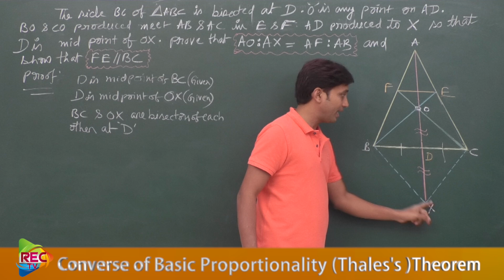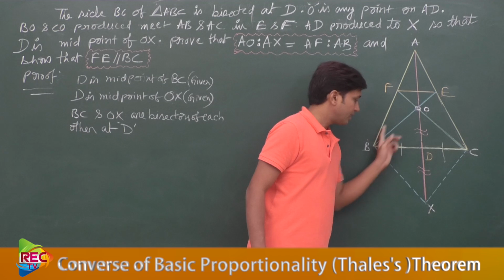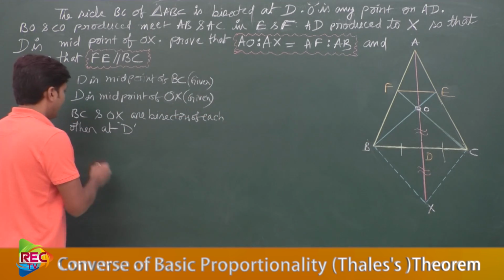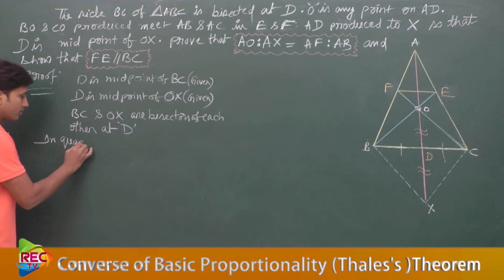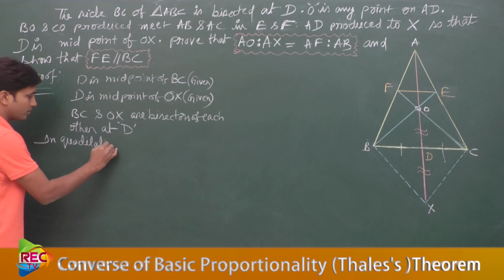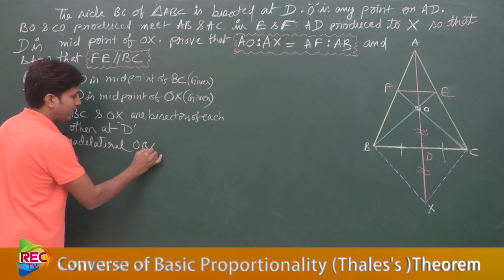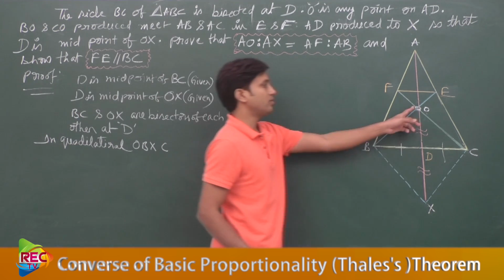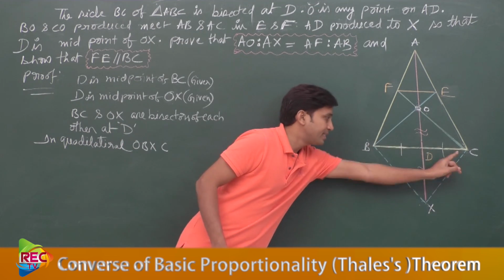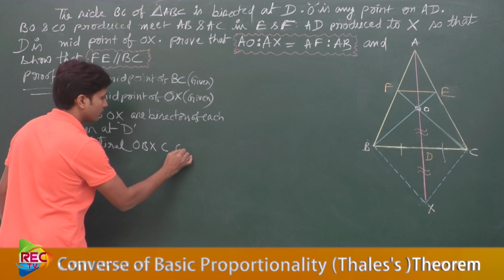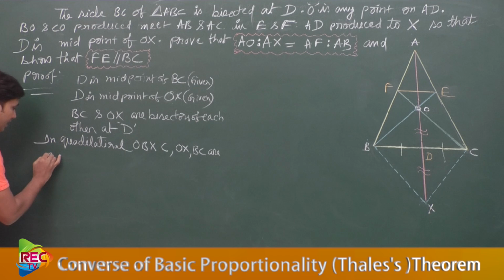So in quadrilateral OBXC, OX and BC are diagonals.